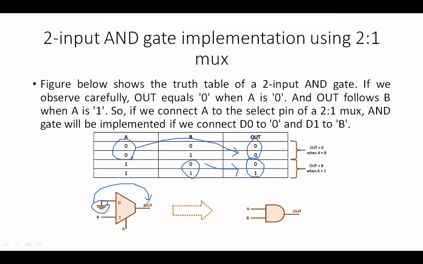That ground I'm giving as the output. Now when A is equal to 1, B should be my output. So B comes and sits as my output. Students, were you able to understand what I'm trying to explain? Yes or no?